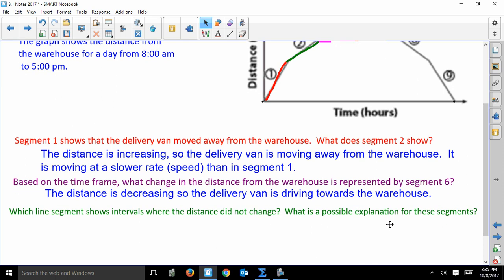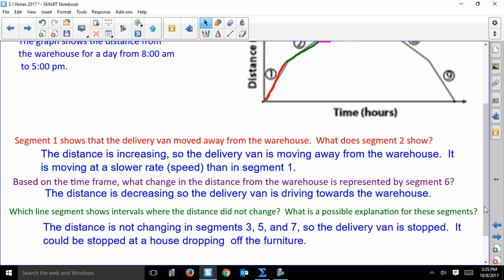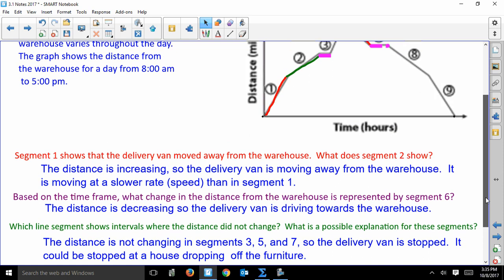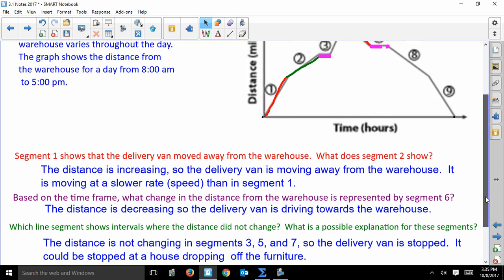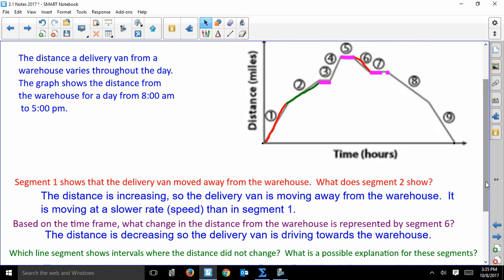So what would be a possible explanation for those segments? Since the distance is not changing, that means the delivery van is stopped. It could be delivering furniture or dropping off furniture at different homes. Another option would be that the delivery van could be stopped for someone to eat lunch or stopped at a really long stoplight.